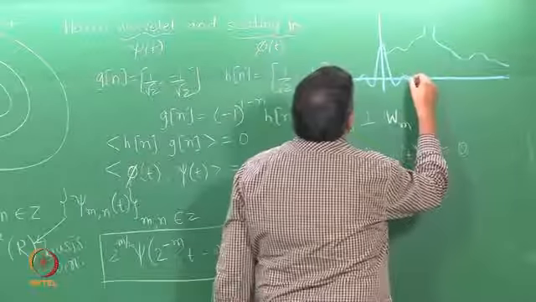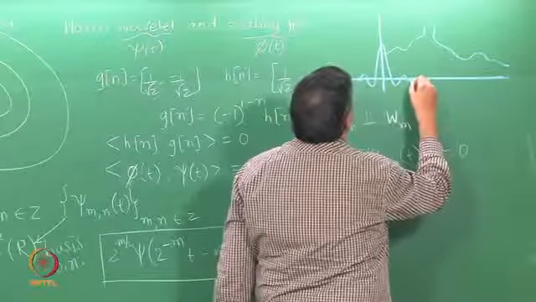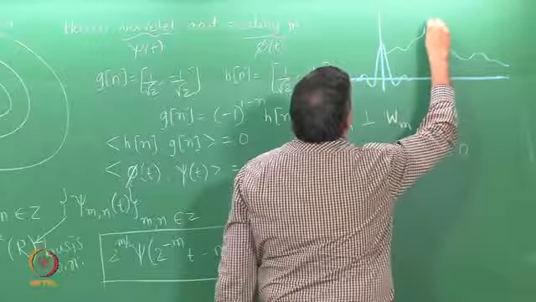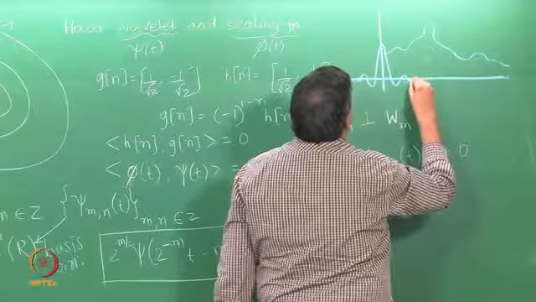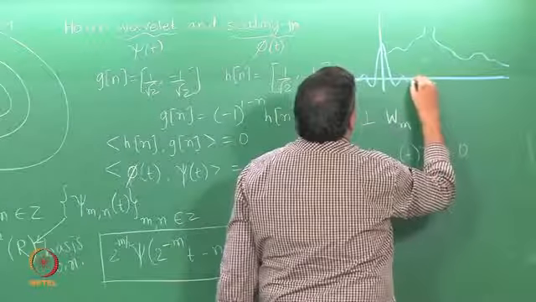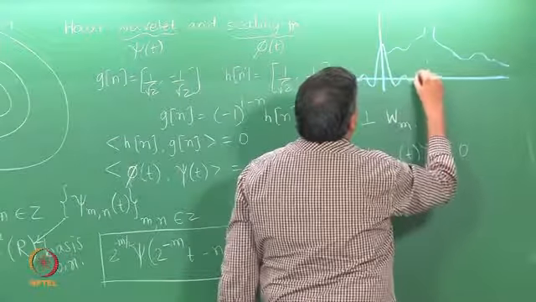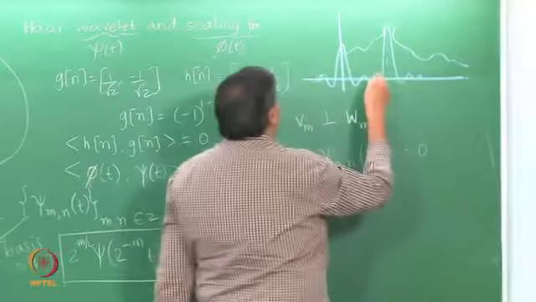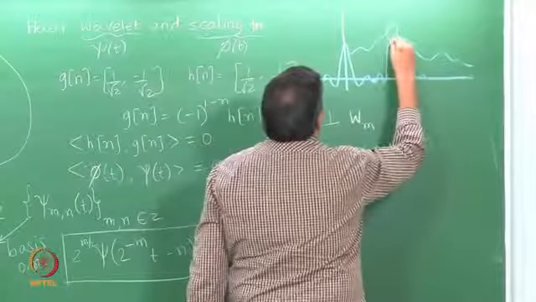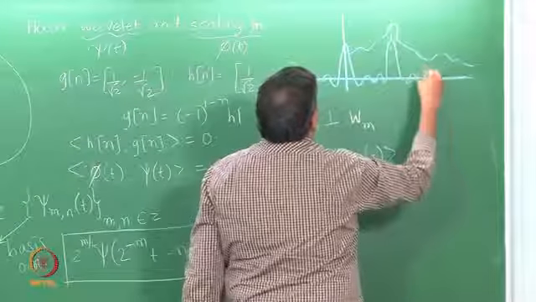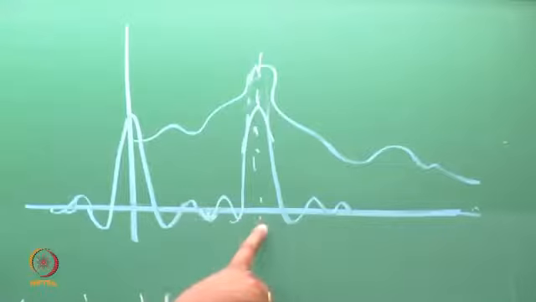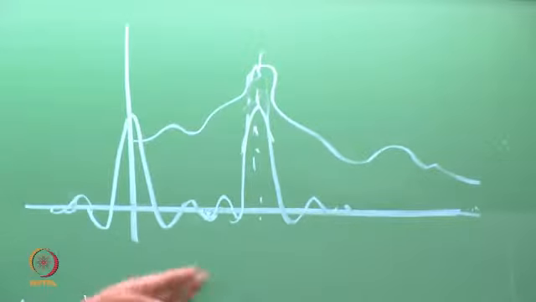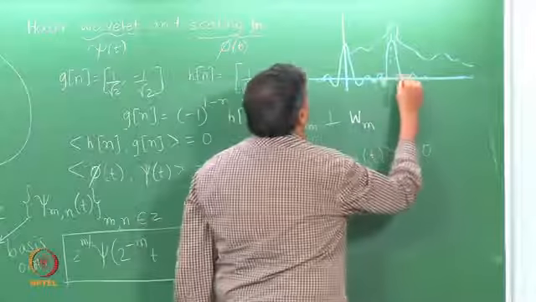In DWT, the next wavelet that would analyze the signal would begin from here, and the center would be placed here, right. Of course, I am drawing it in a very qualitative manner, but I hope you get the point. It is going to be of the same width here and so on. So, this is n equals 0, n equals 1 at that scale and so on. This is how I am going to march ahead in time.